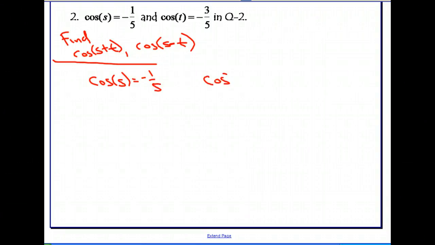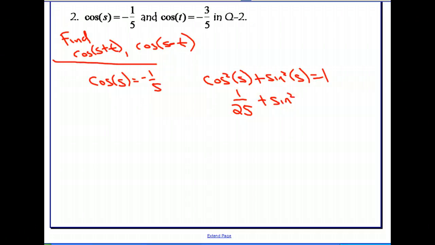And so I know the cosine squared plus the sine squared equals 1. I'll sub in for cosine. I'll go 1/25, and negative times a negative is a positive, plus the sine squared equals 1. I'll subtract 1/25.